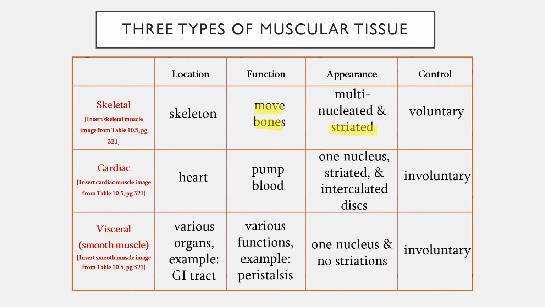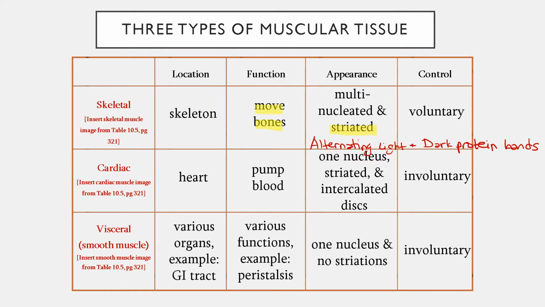I can write this in here. We'll see those alternating bands a little bit later, but these would be called striations. These bands are seen when tissue is examined with a microscope.